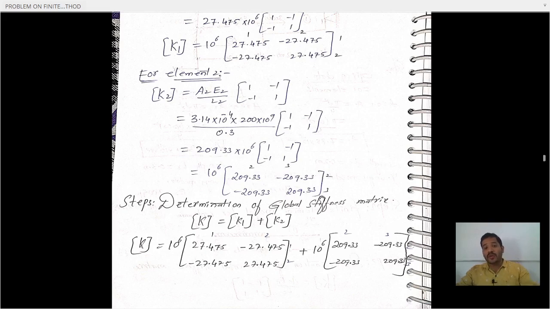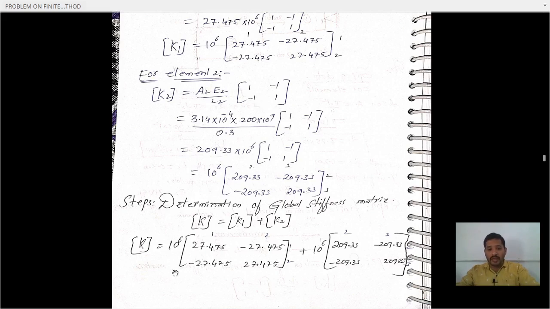After getting the elemental stiffness matrix for the first element as well as for the second element, we need to find the global stiffness matrix. The global stiffness matrix is K equals K1 plus K2, where K1 is the elemental stiffness matrix for the first element plus the elemental stiffness matrix for the second element.